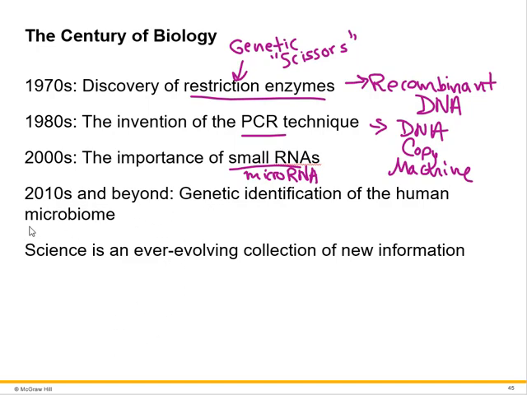And then in the 2010s, we learned about how important the microbiome is and how involved that is in the cause of disease. And so this has been the latest kind of new thing. So I would say probably the next coming thing is going to be CRISPR, which is a gene editing tool.